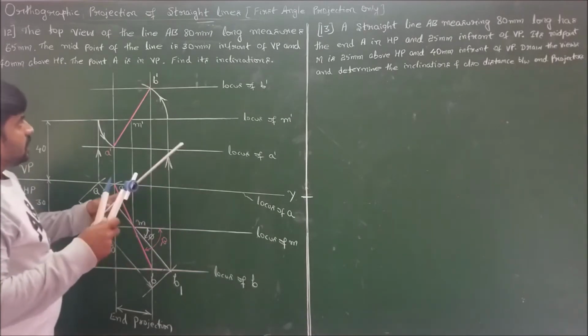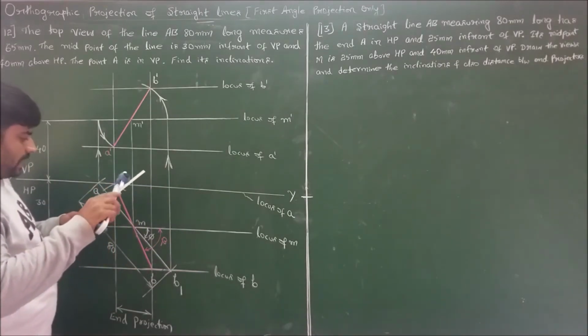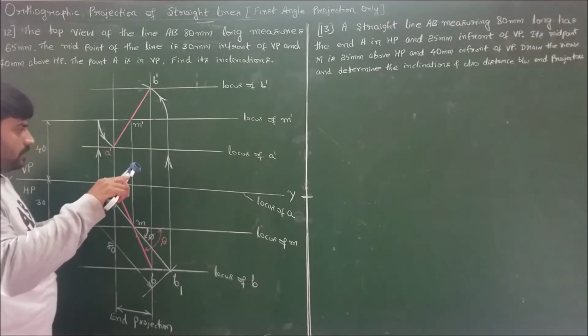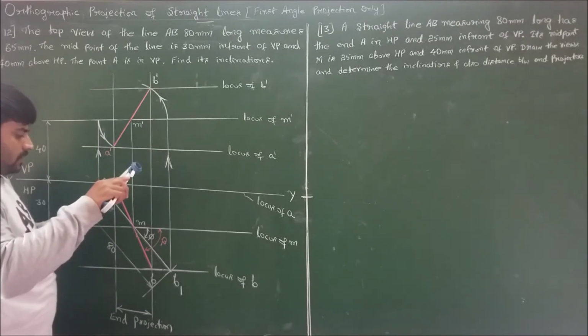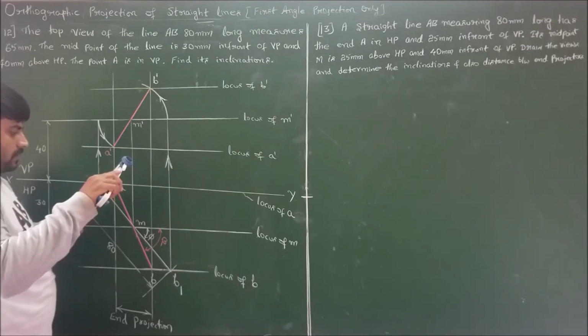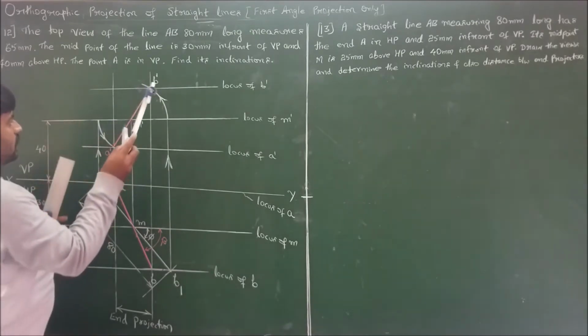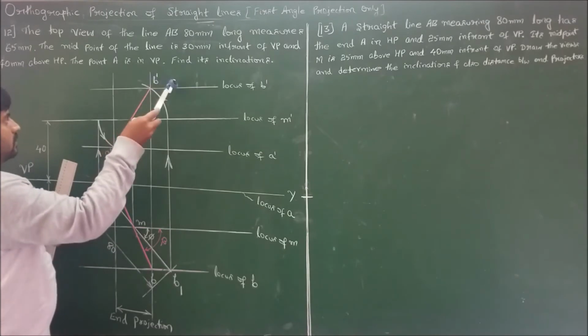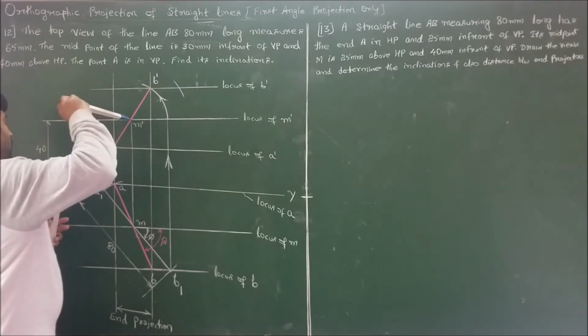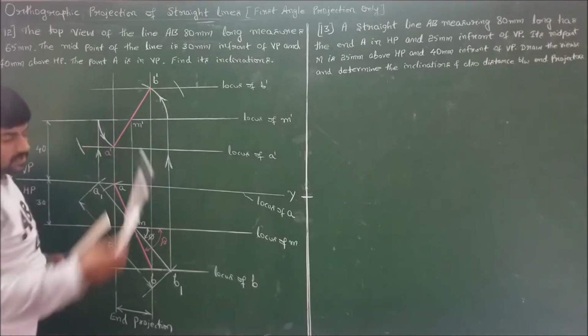That is, I am measuring 40 mm, half of the line, because always we should solve the problem referring to midpoint. So taking the midpoint, half of the line will come in front and half the line will come behind. So therefore cut an arc for 40. Similarly, cut an arc for 40 here. So total it is 80.